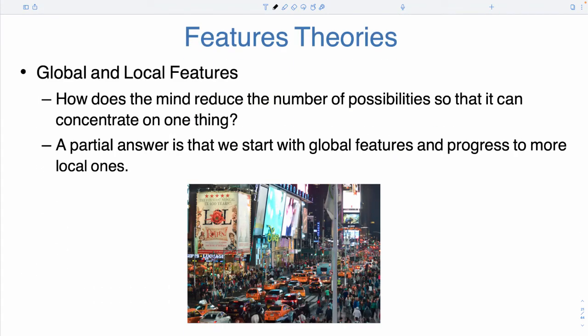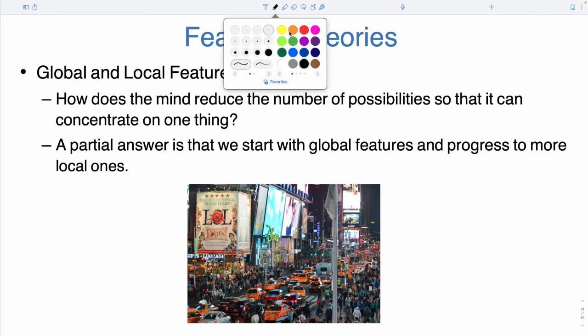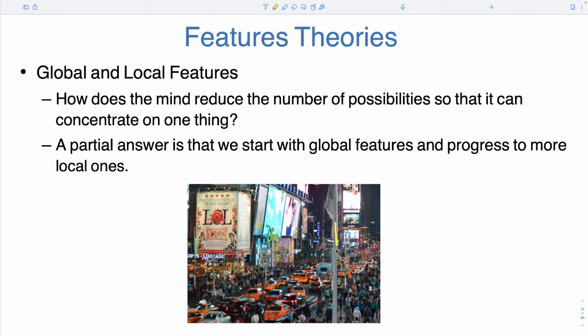So feature theories also provide a way of thinking about the scope and the size of these features. There are small detailed features in this picture. There are also big picture things, like this pole right here that we see. And so how does the mind reduce the number of possibilities so that it can concentrate on one thing, especially when there are a lot of things to look at?